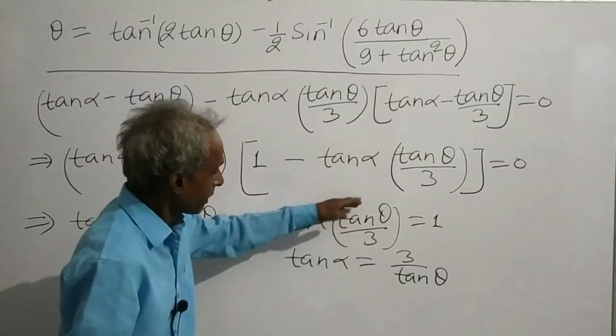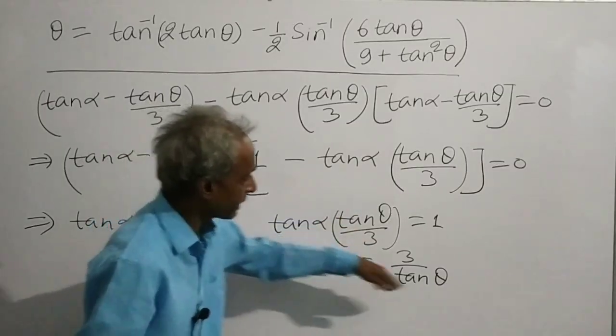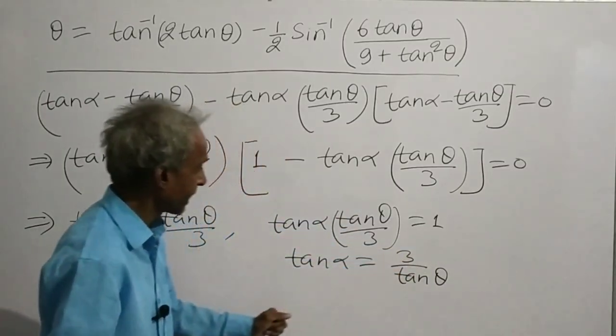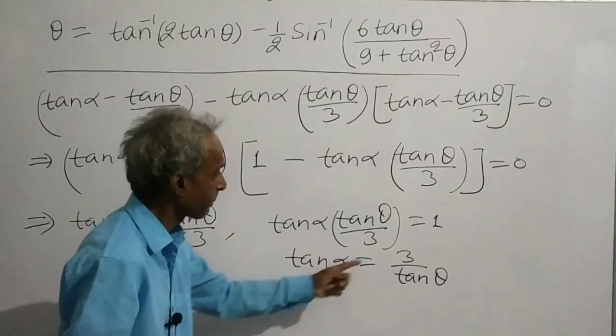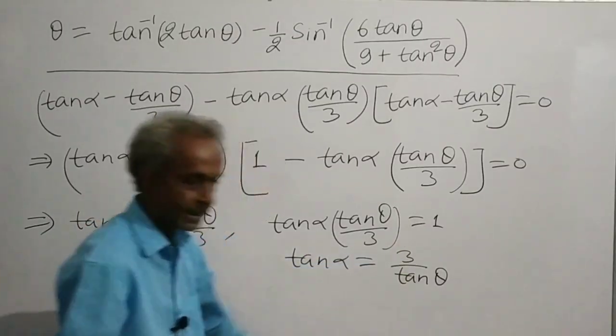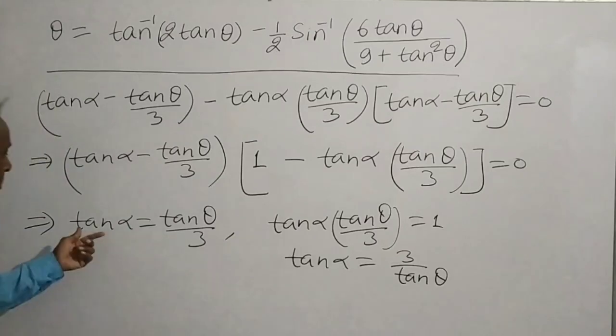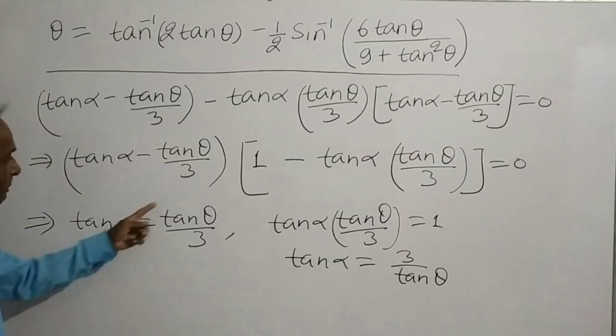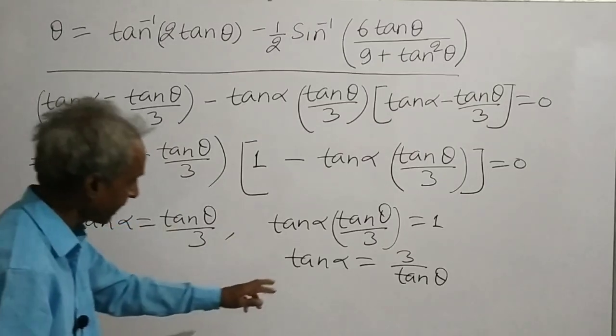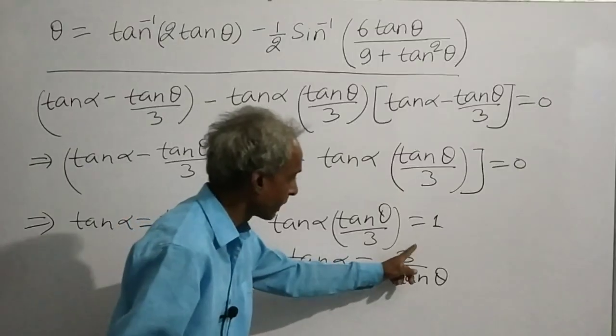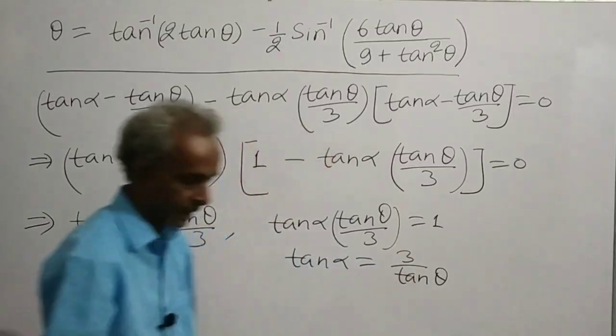Shifting tan theta by 3 to the right hand side, we get this. That means tan alpha is equal to 3 by tan theta. Thus, we get two possible values of tan alpha: tan alpha is equal to tan theta by 3 and tan alpha is equal to 3 by tan theta.